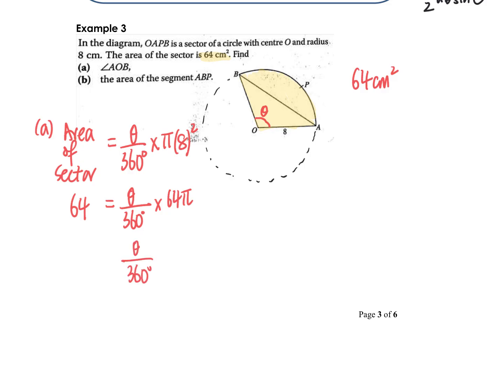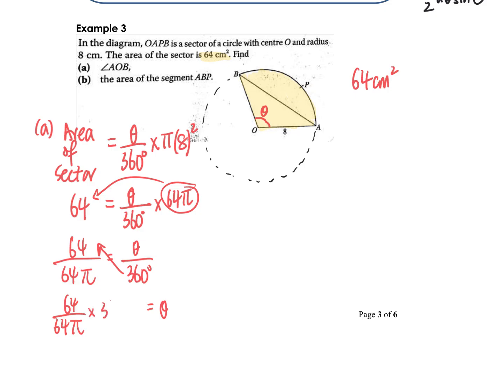Let's divide this 64 pi over first. Okay, bring over and divide. Then you cross multiply the 360. Okay, so what is the angle you get? What is the angle?